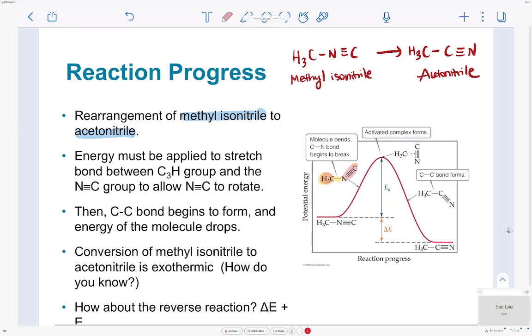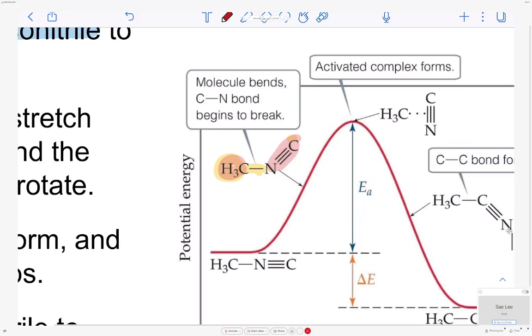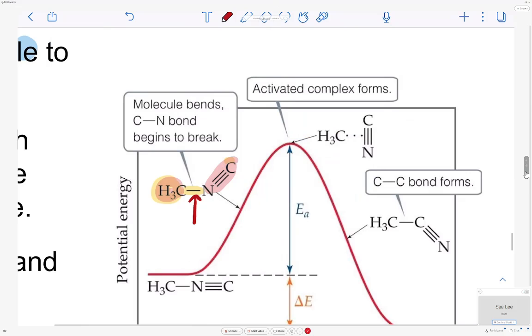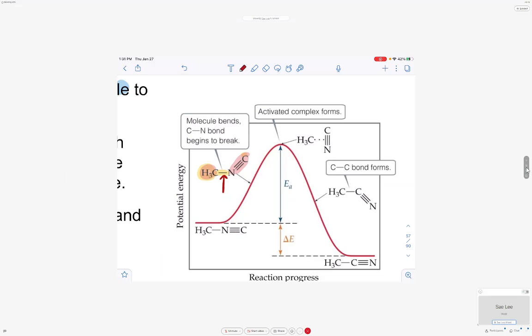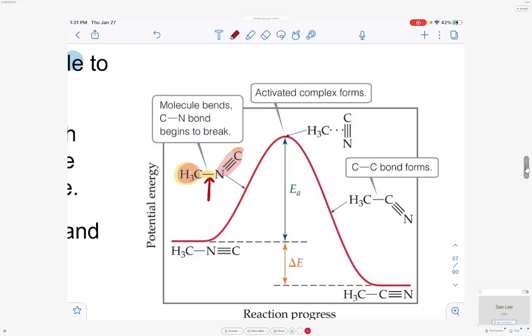So this bond right over here, which is connecting carbon and nitrogen, you need to have enough energy for that bond to be stretched out.